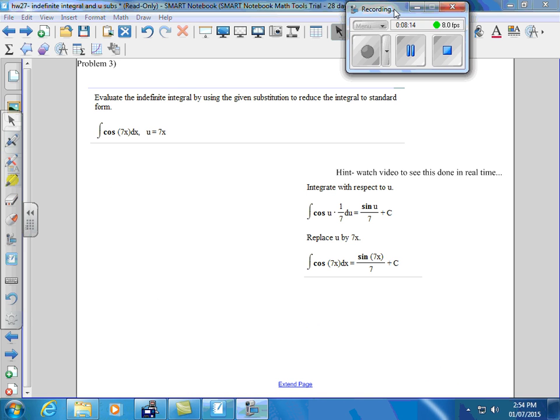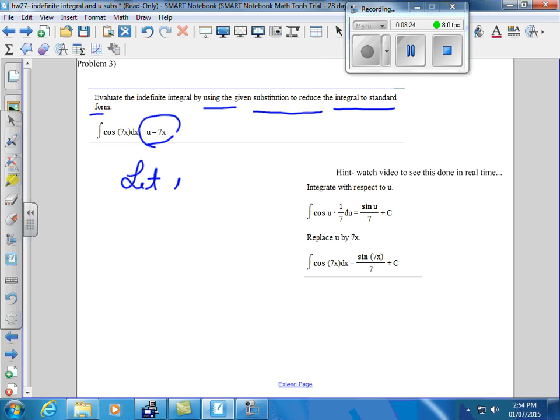Okay, problem number 3. Evaluate the indefinite integral by using the given substitution to reduce the integral to standard form. Again, it's kind of nice here because initially you're being told what to do just to get used to it. Then down the road, you're going to have to decide that yourself. But let u equal 7x, then clearly du dx will equal 7.